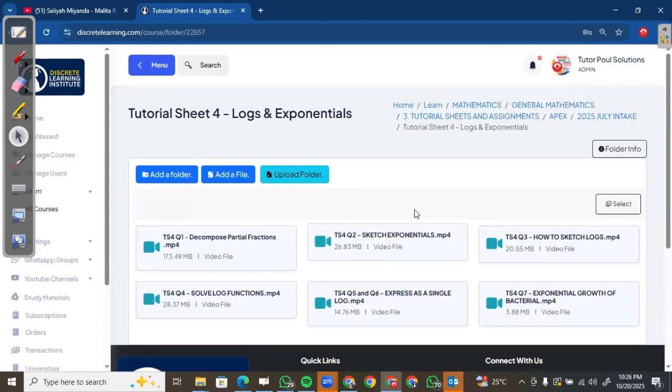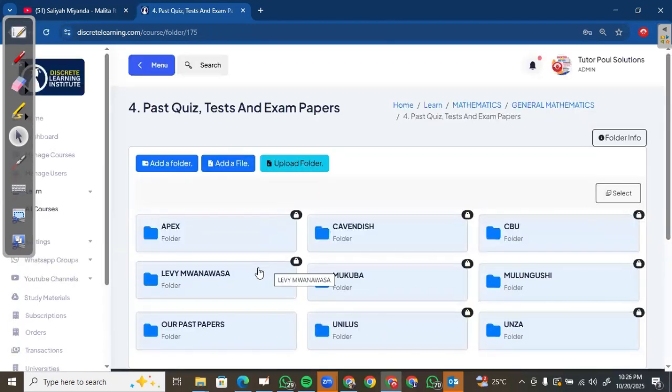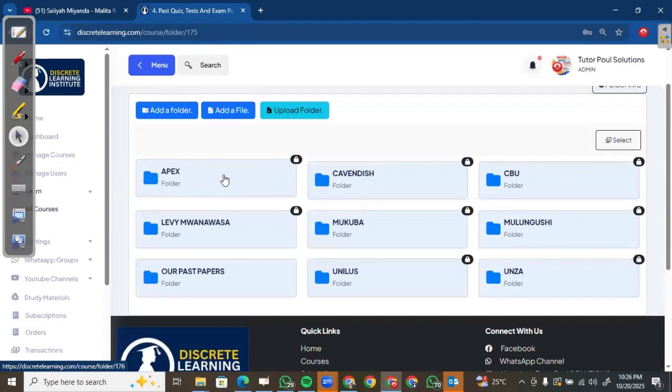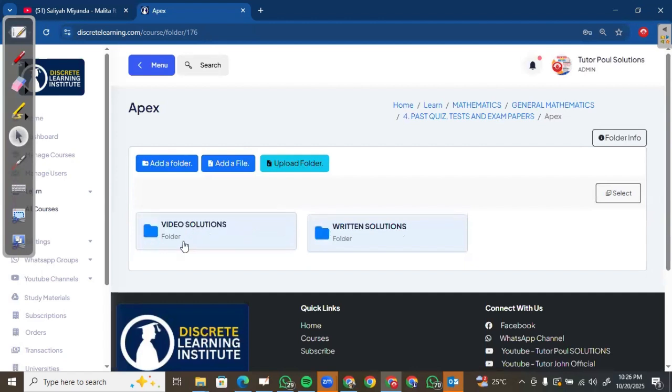So you can access this, and also you can access the past papers. Okay, so the past papers, you go in this folder, past quiz and tests and exam papers. Okay, and then you go to the folder for Apex. So when you go to the folder for Apex, you go to the video solutions here.